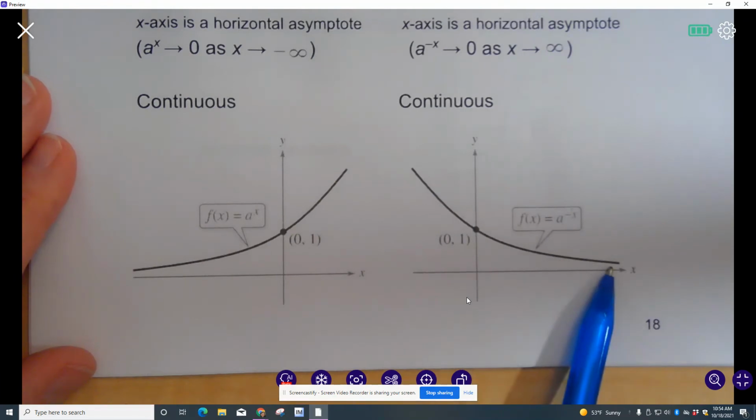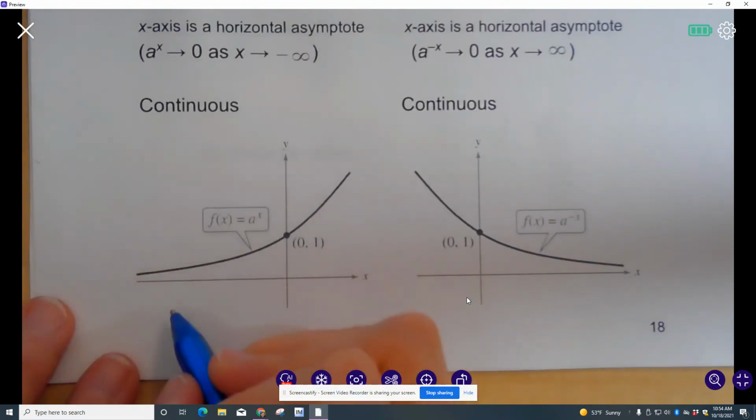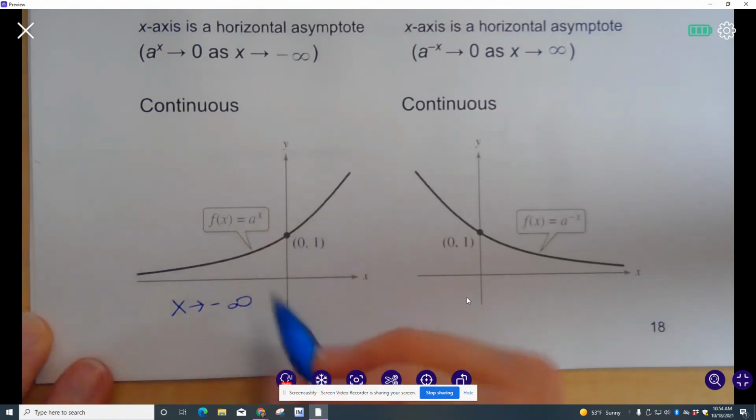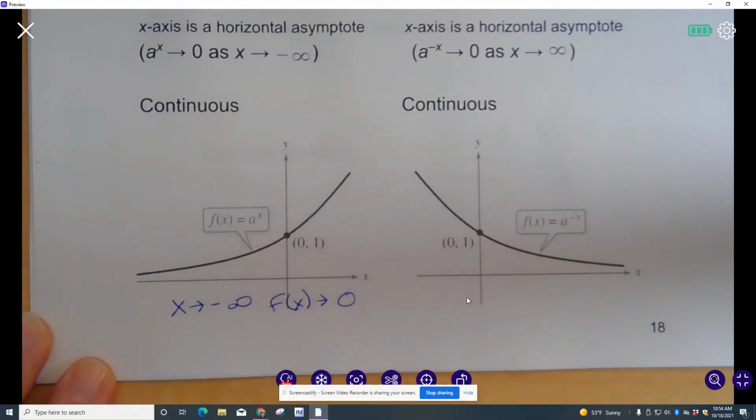This is decay. So for the growth function, as x approaches negative infinity, so that's over here, your function approaches 0. Or a to the x, which is our function, approaches 0.